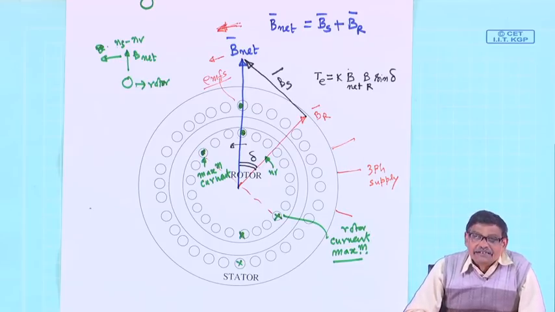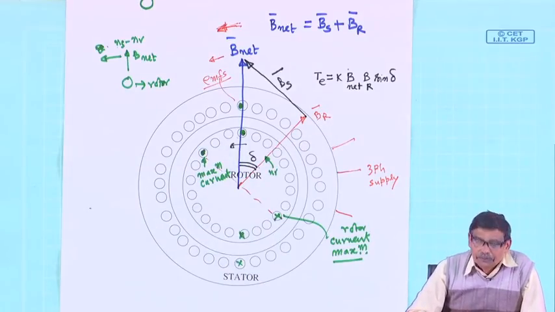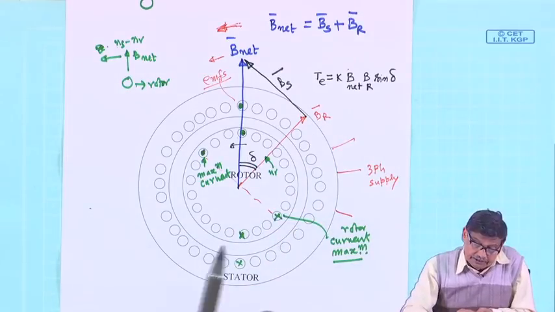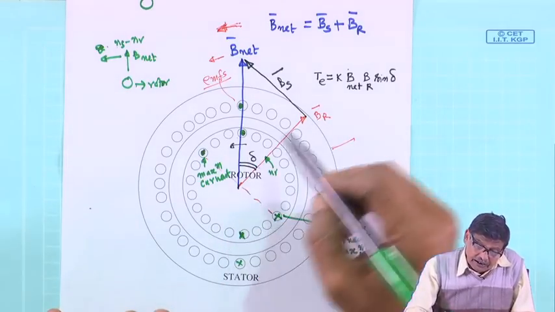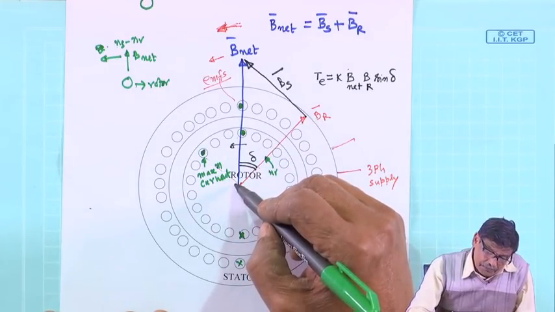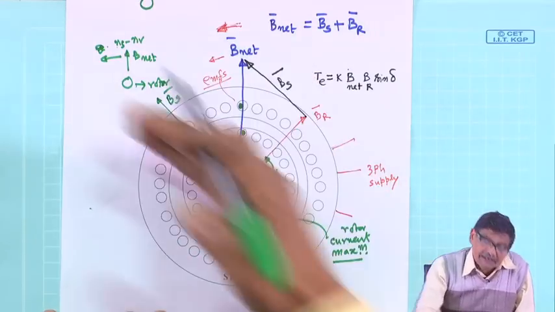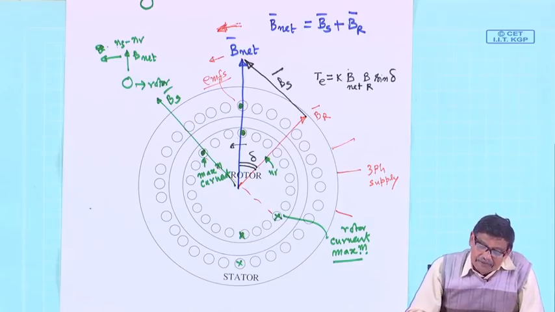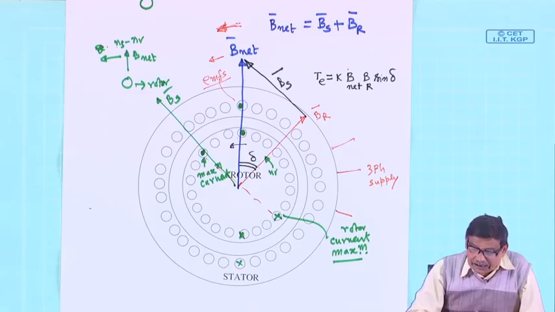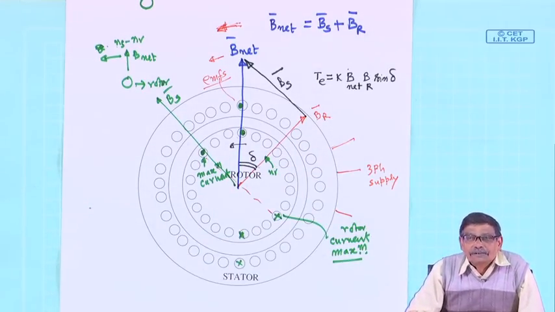You can say another interesting thing. For example, this is BS I have got. If I ask you what is BS? If I draw it separately, these two are equal. Suppose BS is here. If I ask you, out of so many conductors on the stator slots, which conductor is carrying maximum current?